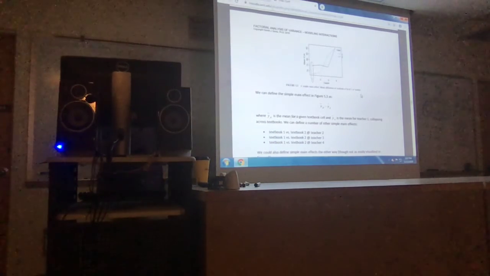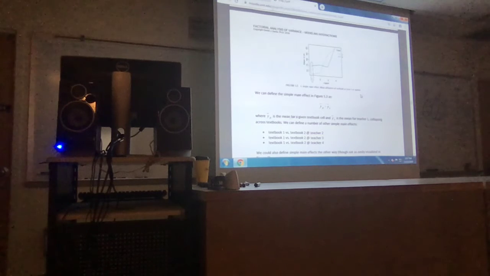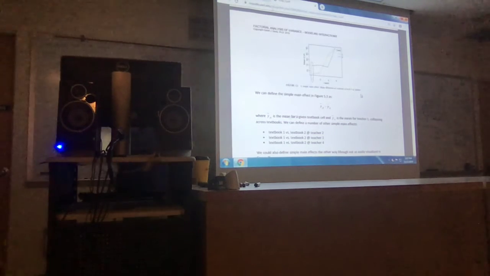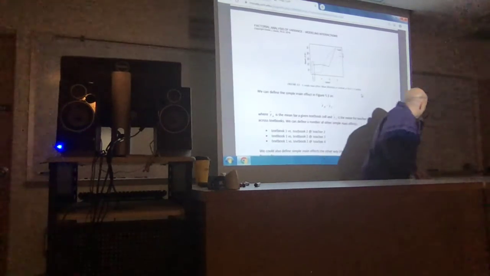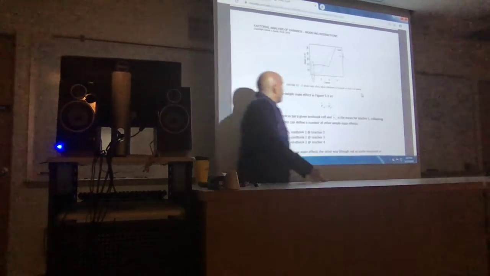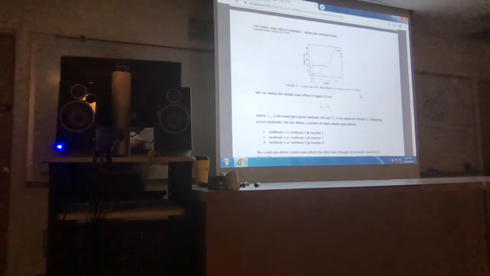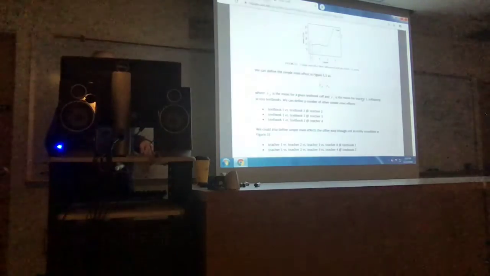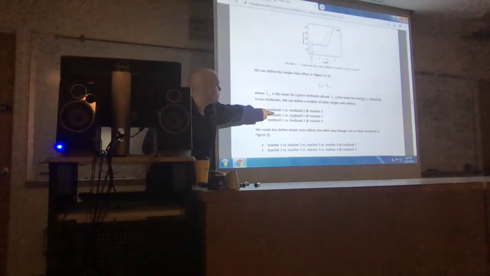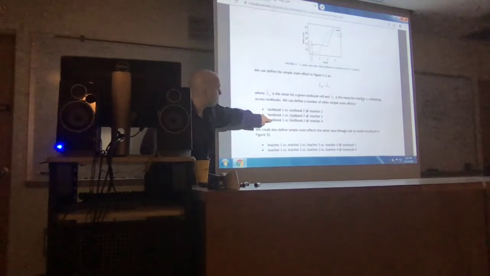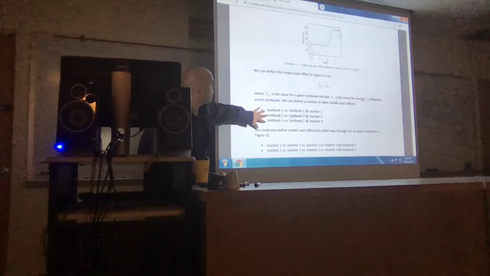So each one of those smaller analyses are simple main effect analyses, and that's the same idea as what we had up on the board over there. So the question is, when we look at that, textbook 1 versus textbook 2 at teacher 2, at teacher 3, at teacher 4. So that's what that's communicating.